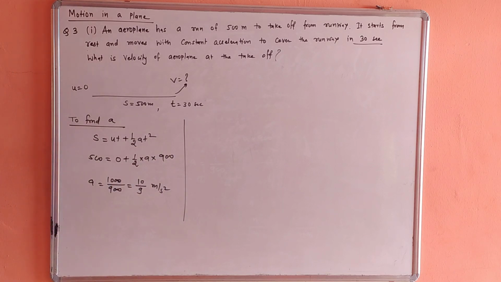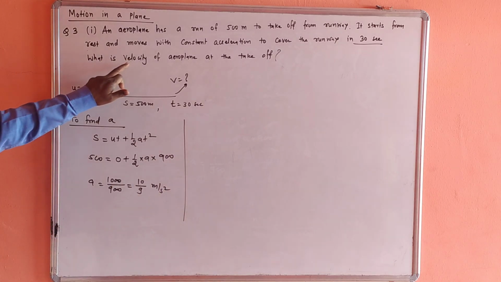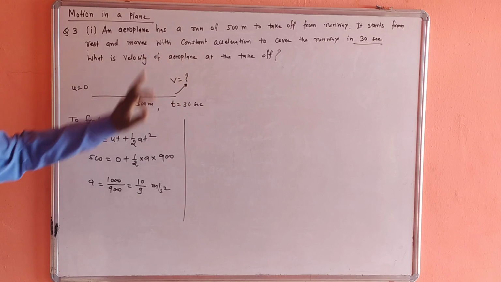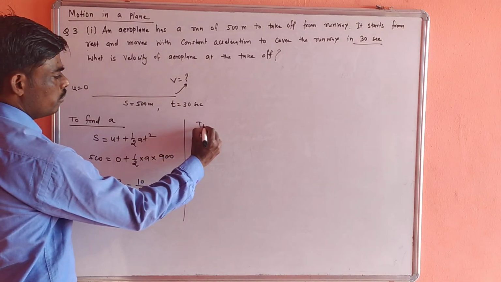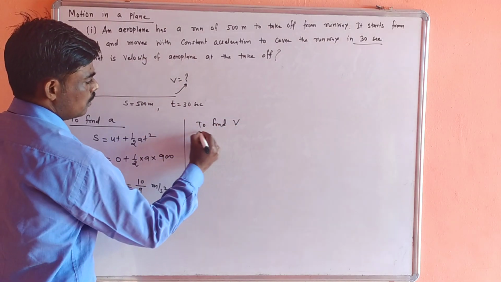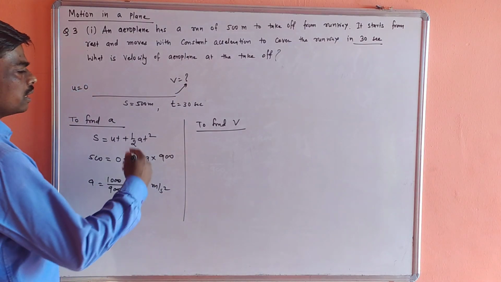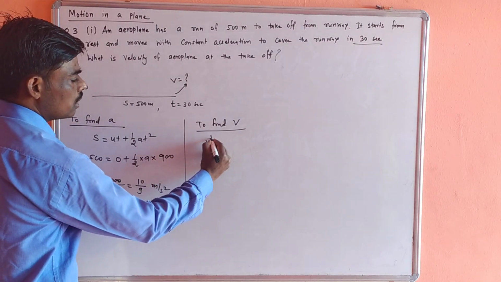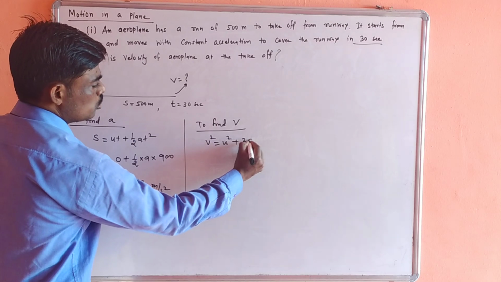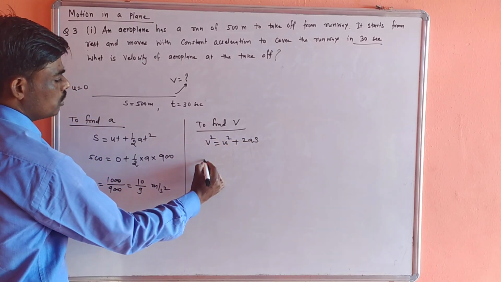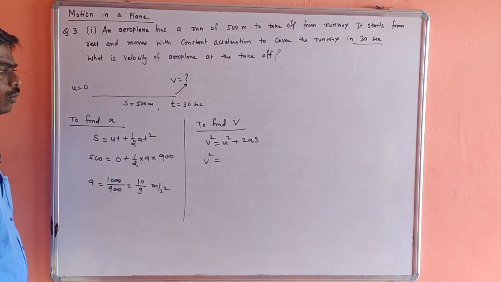This is the acceleration. Now, what we require is the final velocity. So to find v, again we can use a kinematic equation, the third kinematic equation: v square is equal to u square plus 2as. v square we have to find out.